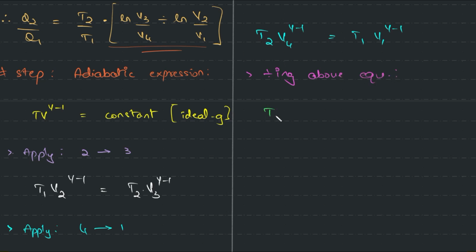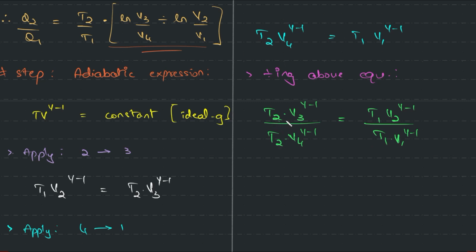And what do we end up with? T2 V4 gamma minus 1 divided by, so we need V3 actually. Let me flip it. Yeah, so we have T2 V3 gamma minus 1, and here we have T2 V4 gamma minus 1, right? Is equal to T1 V2 gamma minus 1 divided by T1 V1 gamma minus 1.